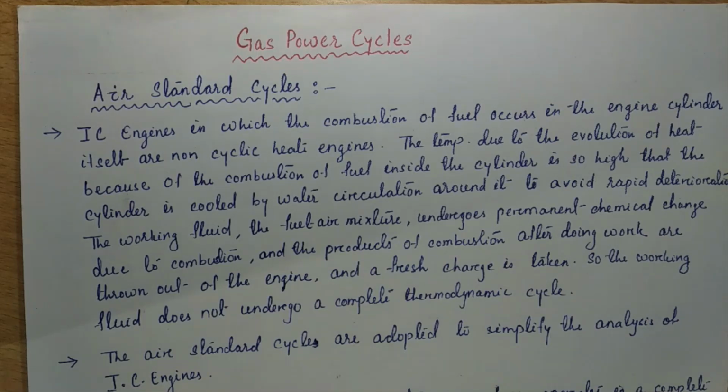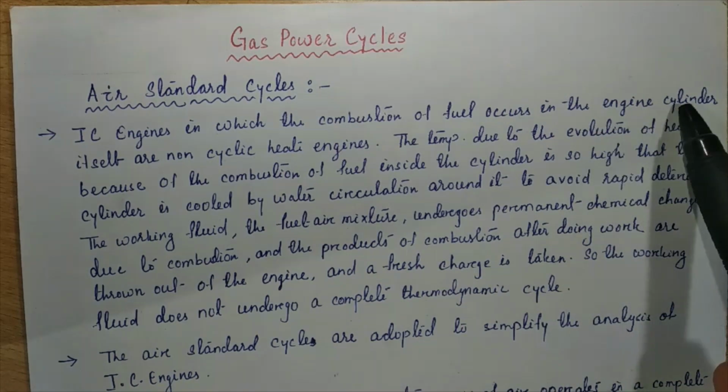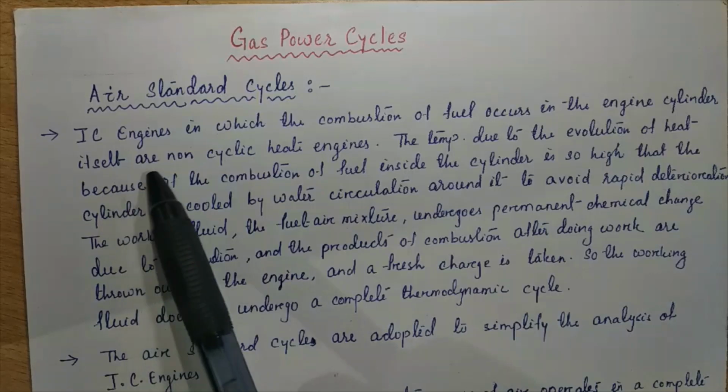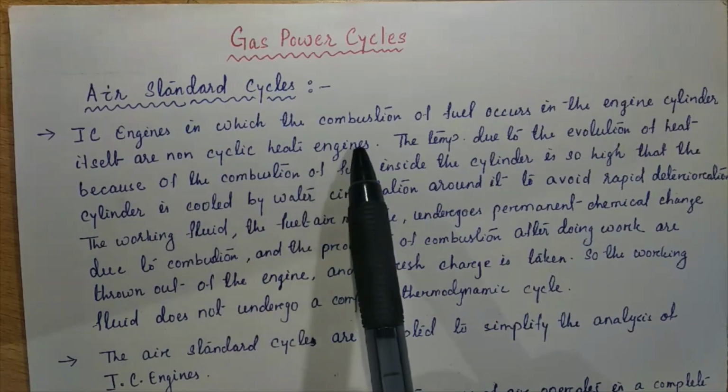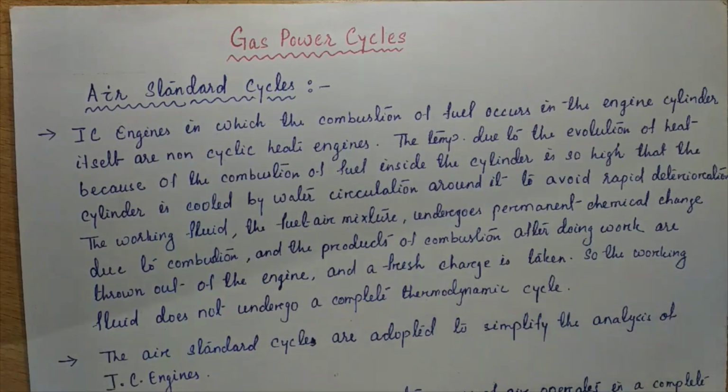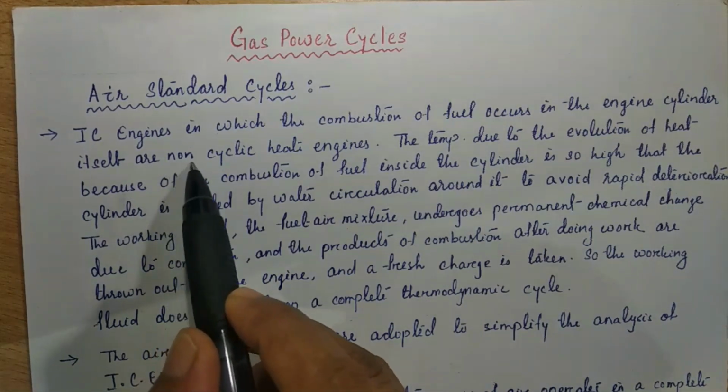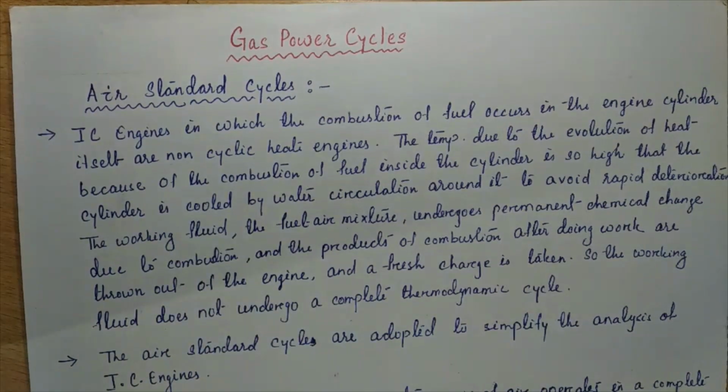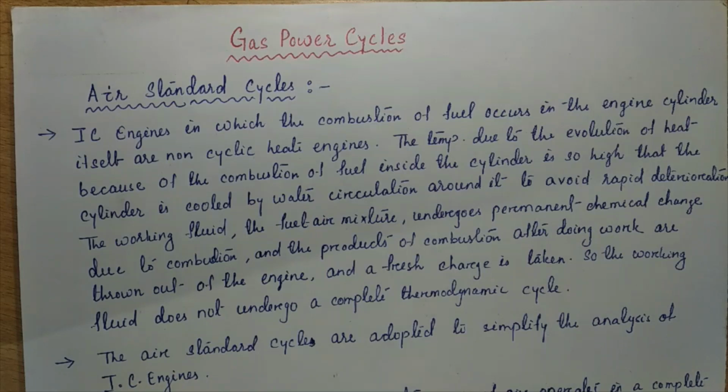An IC engine, in which the combustion of fuel occurs in the engine cylinder itself, is a non-cyclic heat engine. Remember, this is a non-cyclic heat engine because when mass enters the engine cylinder, there are a number of strokes: suction stroke, compression stroke, power stroke, and then exhaust stroke.